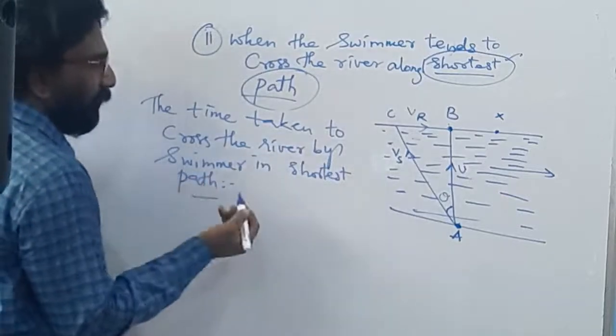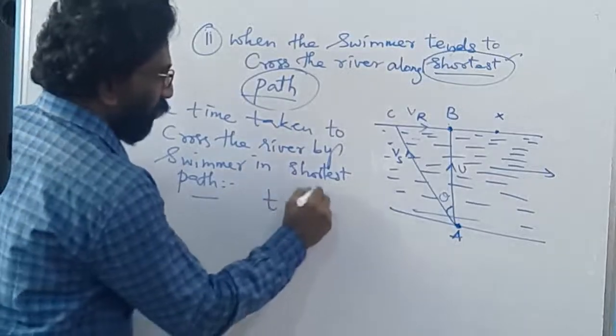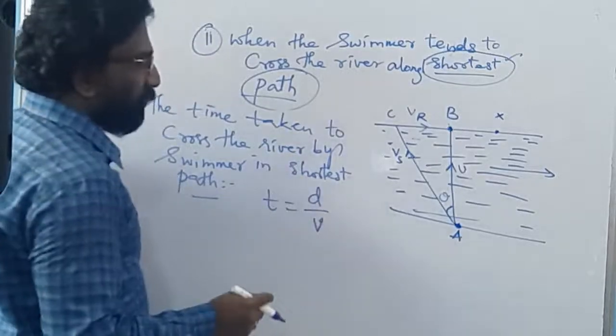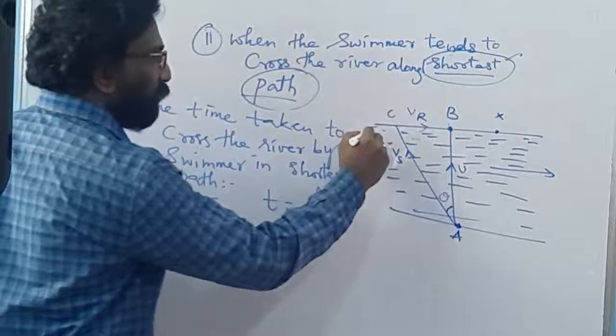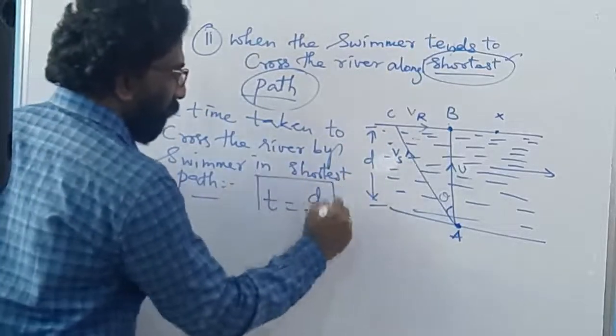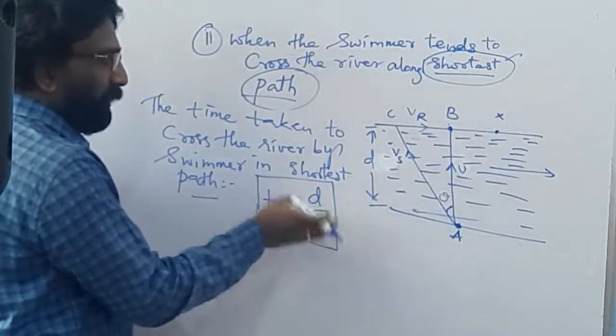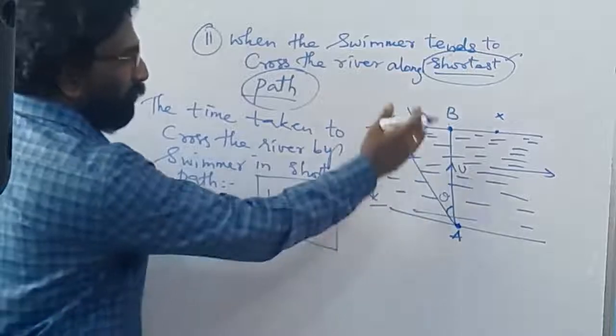So see now, in the previous case we have calculated the time: t is equal to distance of the river, if the width of this one is equal to d, then it is d over v, velocity. So now what is this velocity? This is the net velocity or the resultant velocity of a particular swimmer in order to cross the river.